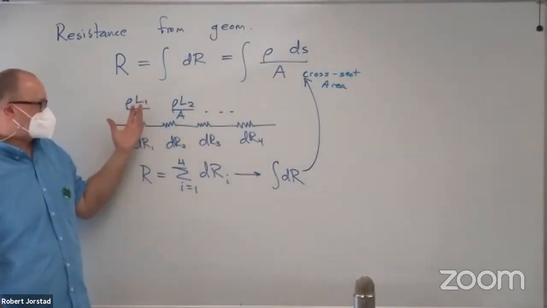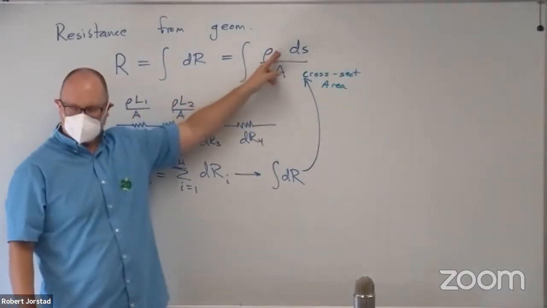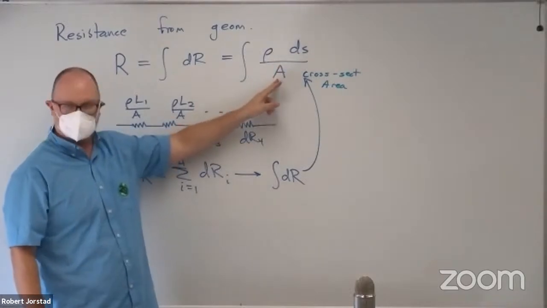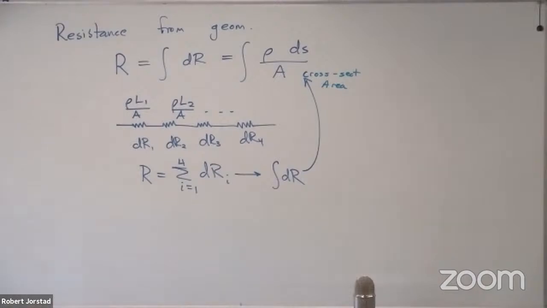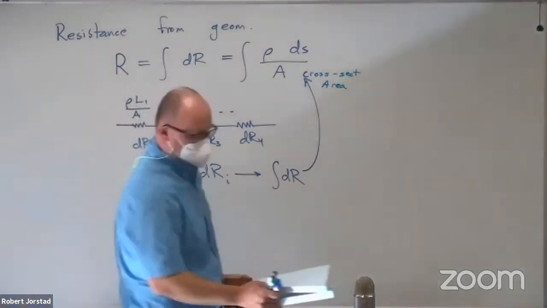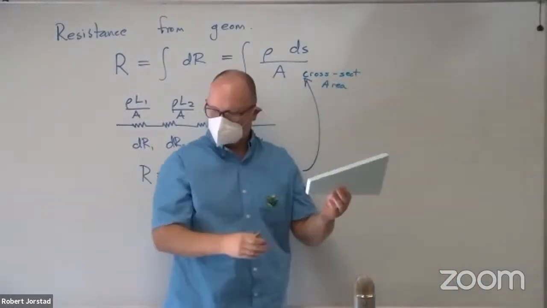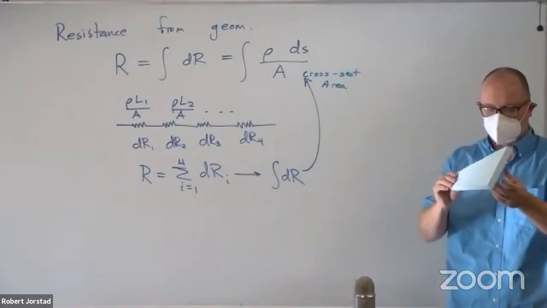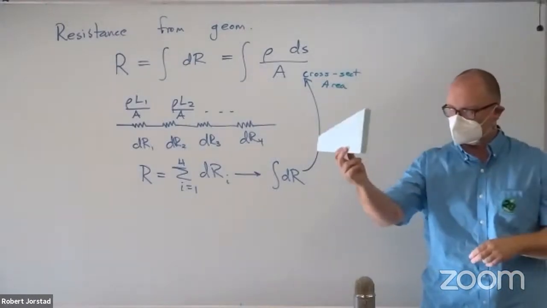What's powerful about this is when we write it this way, this can handle non-uniform density or an area that's non-uniform. For example, here is a slab that you can't see at all, but what if I was trying to flow current through this device, right?